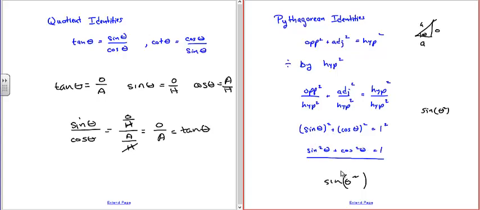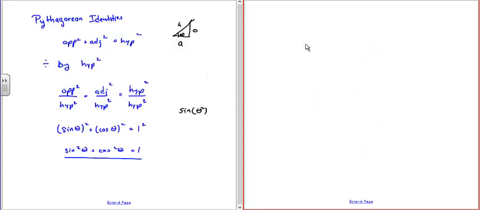So that's why you have to either use parentheses around the trig function and then the squared outside, or you have to put a little squared inside. They mean exactly the same thing. It's just a shortcut way of doing it. So if I had something like the cosine of theta cubed, I can write that down as cosine cubed of theta.